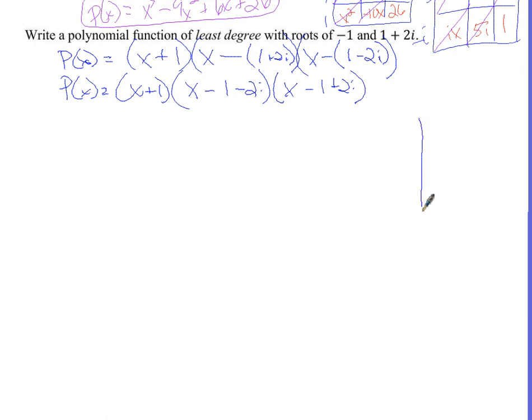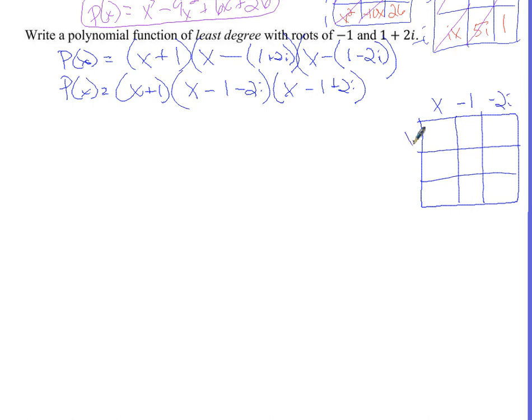Box will be what? 3 by 3. What do you want to write across the top? So x, negative 1, and negative 2i. And down the side, x, negative 1, positive 2i.